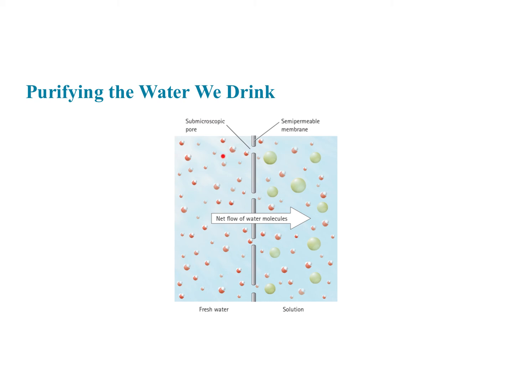And since the concentration is higher, some of these water molecules are going to slip through the membrane. And so you'll have fresh water moving into the solution and diluting the solution. That's osmosis. It's this flow of water across a membrane because of a difference in concentration.